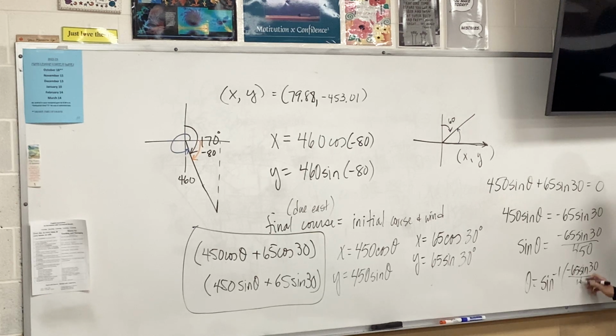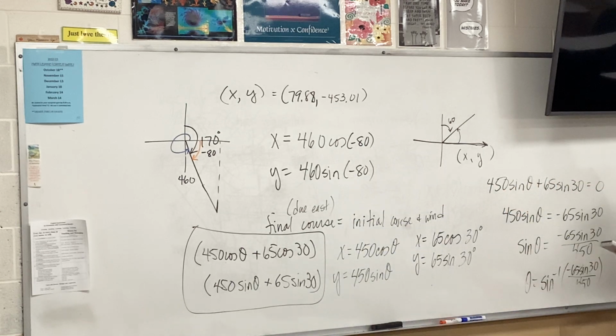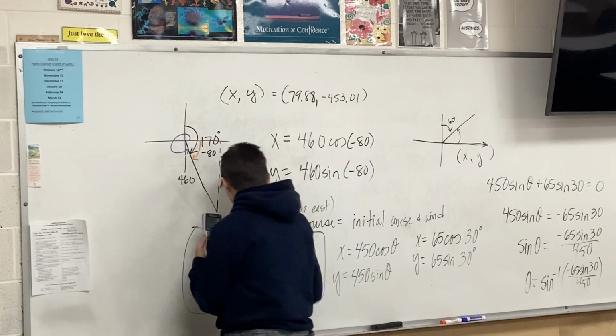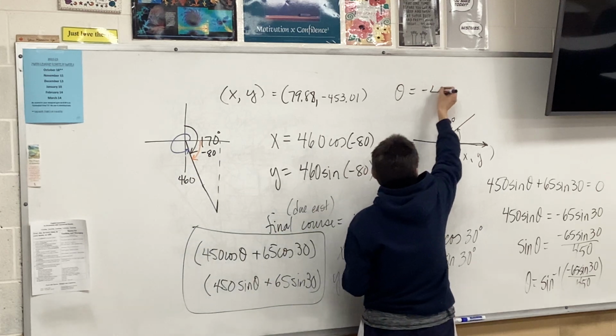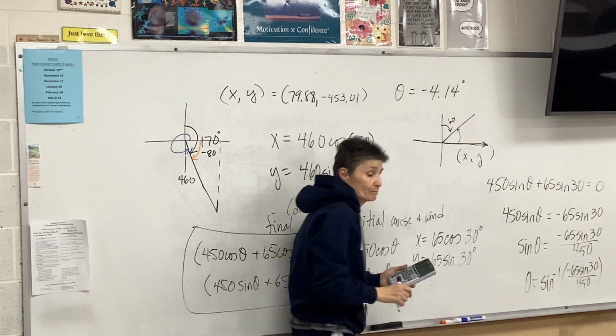And that's going to give me my theta. Okie dokie. So inverse sine, negative 65 sine 30, close parentheses, divided by 450. The theta that I got when I solve that is negative 4.14 degrees.